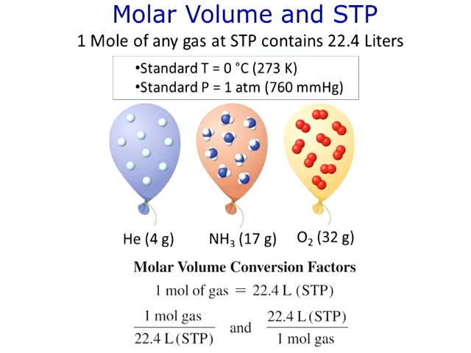So if you have helium, 1 mole of helium is 4 grams. At STP, it has a volume of 22.4 liters in that balloon. If you take ammonia, 1 mole of ammonia is 17 grams. It has exactly 22.4 liters inside that balloon.